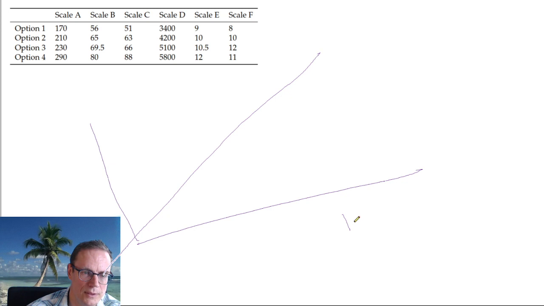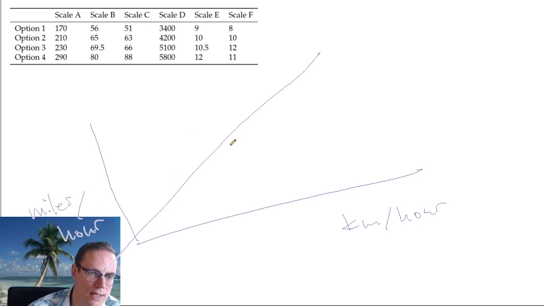So if I have the kilometers per hour, and here I have miles per hour, we know that 160 kilometers an hour is 100 miles an hour, and 70 miles is like 120 kilometers or something, maybe a little less.